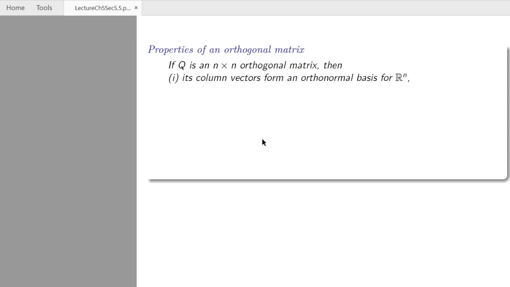Here are some properties for an orthogonal matrix. In this case, we assume Q is a square matrix, and Q is orthogonal. Then, by the definition of orthogonal, we know Q's column vectors form an orthogonal basis for the vector space Rn.